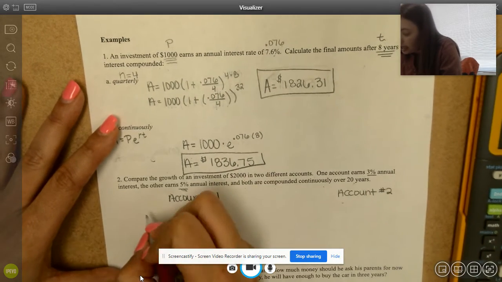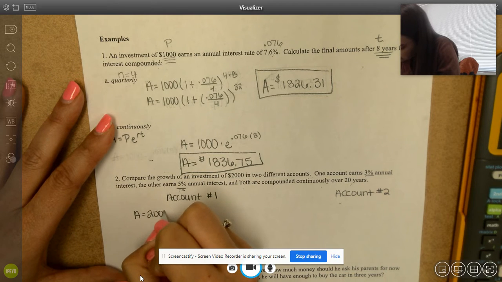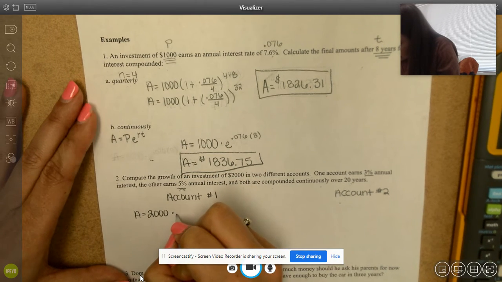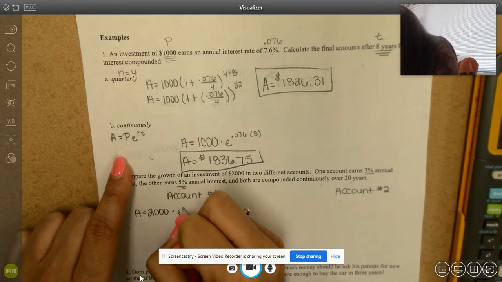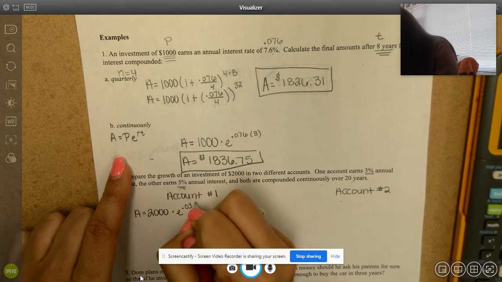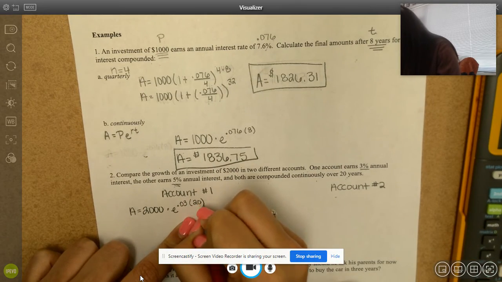If we take a look at account number one, we are starting with $2,000 times E raised to the 3%, which is the decimal 0.03, over 20 years.